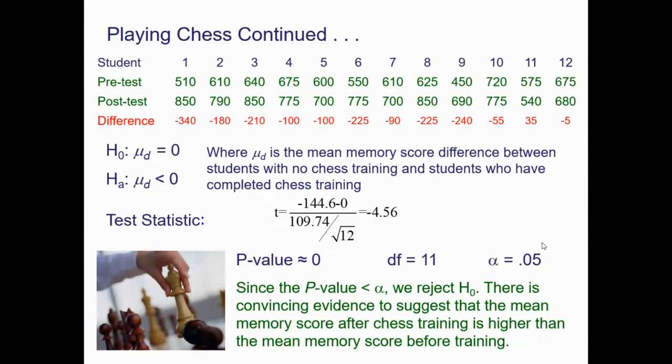Which, remember, that's our claim. So if you wanted to write this the dual credit way, you could say there is sufficient evidence to support the claim.